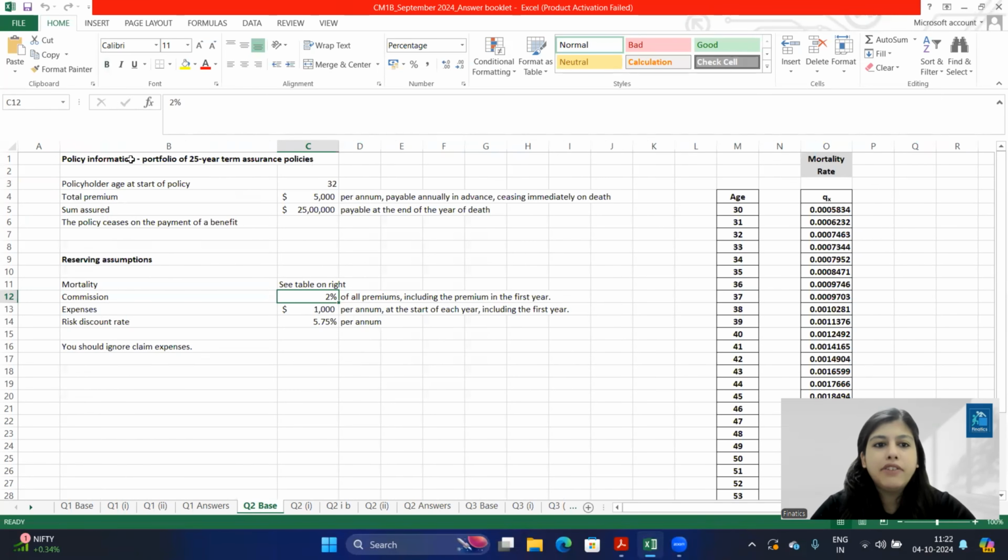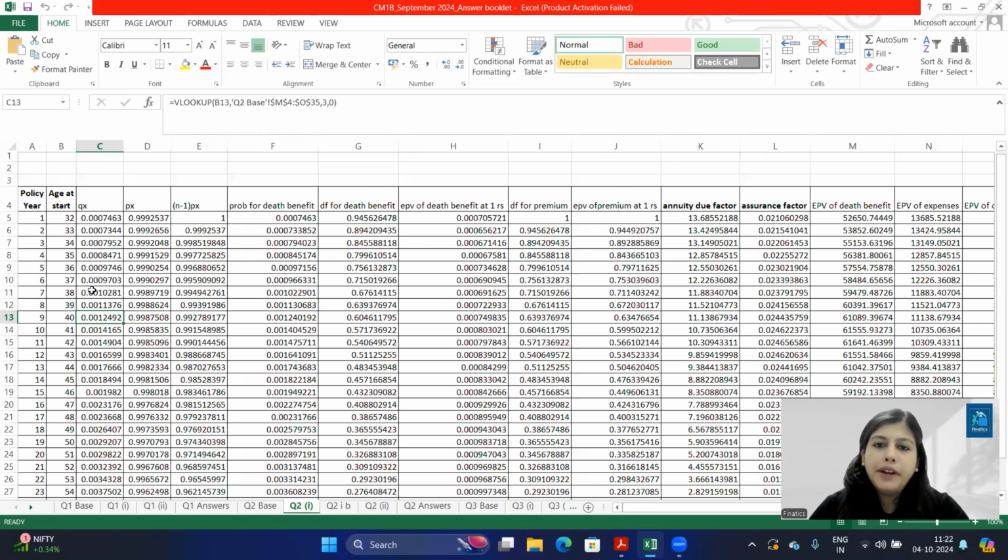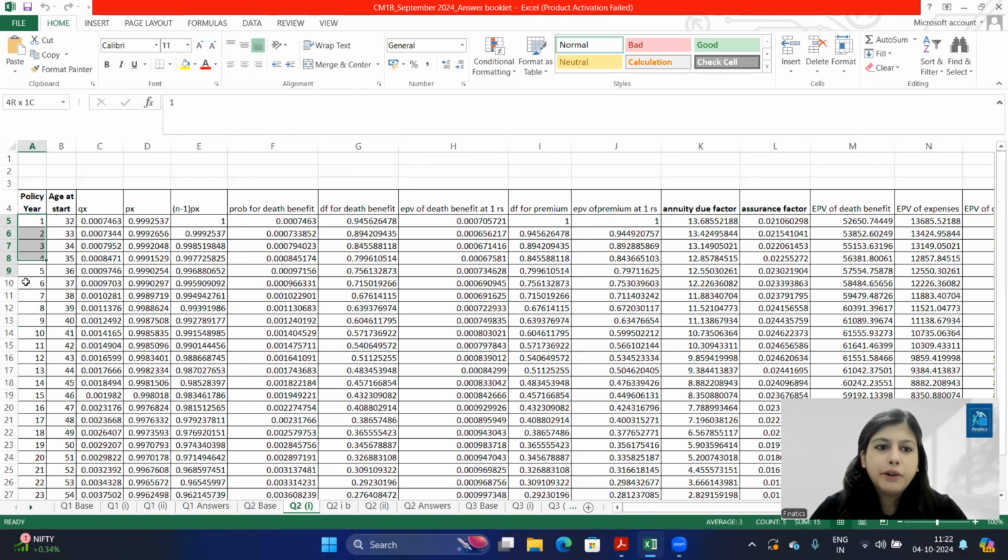So it is all the expenses and commissions together. Now we need to calculate the prospective reserve first. At policy year and age at start, you have qx for age 32. You can take it out using VLOOKUP from the table. px is nothing but 1 minus qx. We can calculate n-1 px, which is 1, and the next one will be E5 into D5.